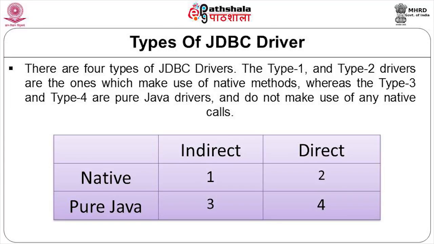If it uses native, it is type 1 or type 2. Direct is type 2, indirect is type 1. Same way, if it is pure Java, does not use any native, and if it is indirect, type 3. If it is direct, we have type 4. Fine. So that way we got 4 types of JDBC drivers: type 1, type 2, type 3 and type 4, depending on how the implementation comes.